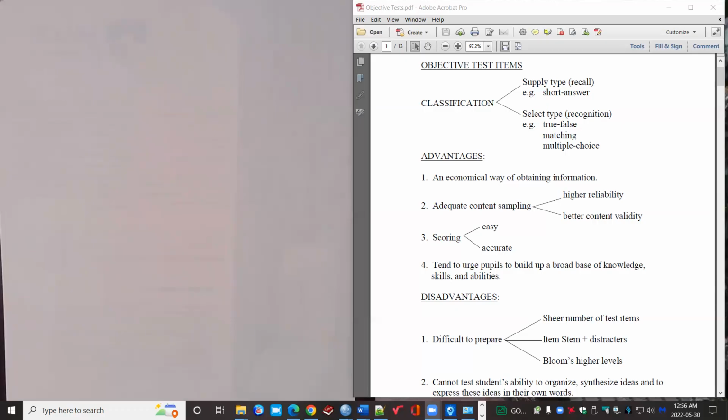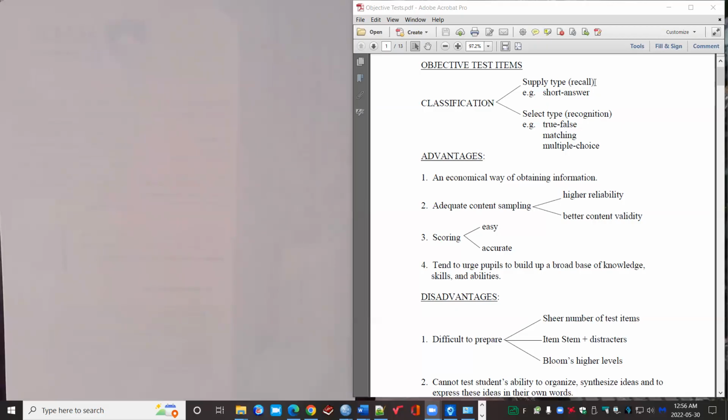Now, let's take a look at the objective type test items. You have the supply type, like short answer, calling for recall, recalling information.